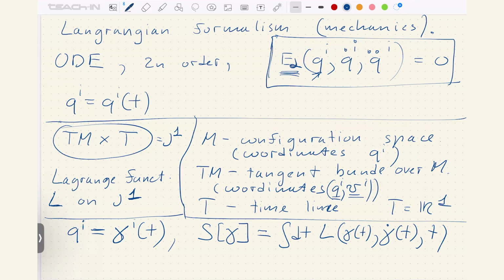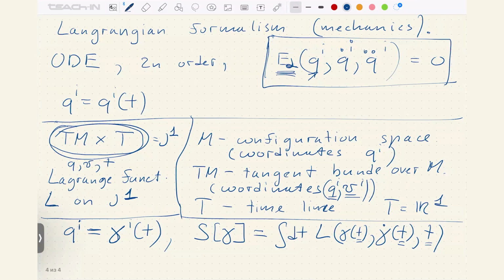You see, everywhere it's the same moment of time, the same t. So the Lagrange function is defined on this space. It's just a finite dimensional space in the case of a mechanical system with coordinates. So what are the coordinates here? q, v, and t, right? And then if we have a concrete trajectory, invariantly gamma is a map from time to M, right? It's a trajectory in our configuration space.